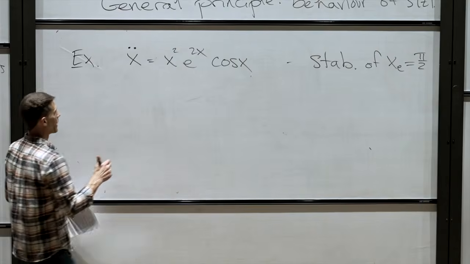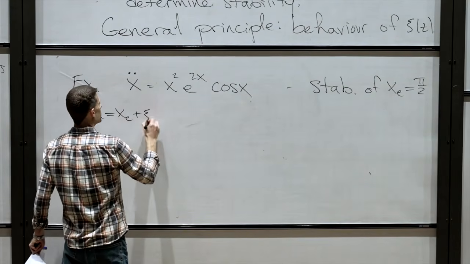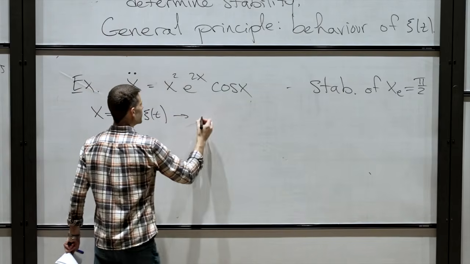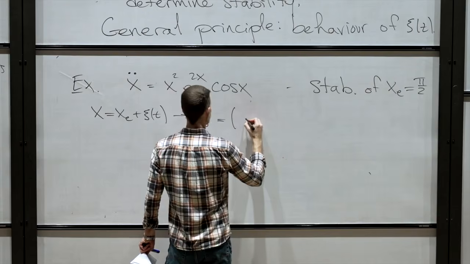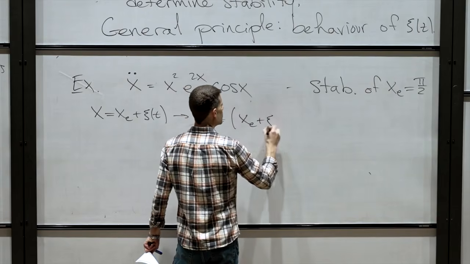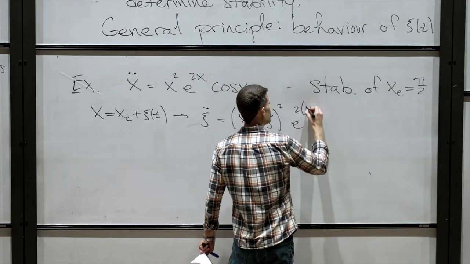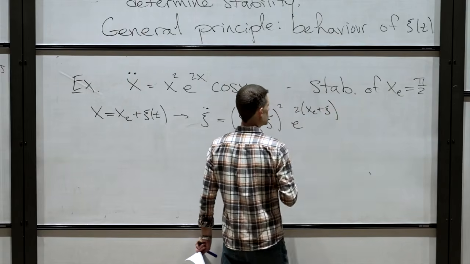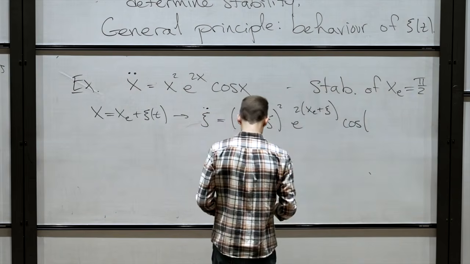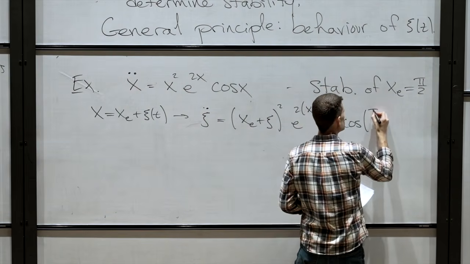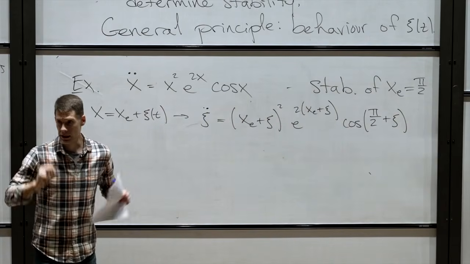But what I really care about is if I take x equals x_e plus psi, I get psi double dot is, let me just, like that. I'm just plugging it in.